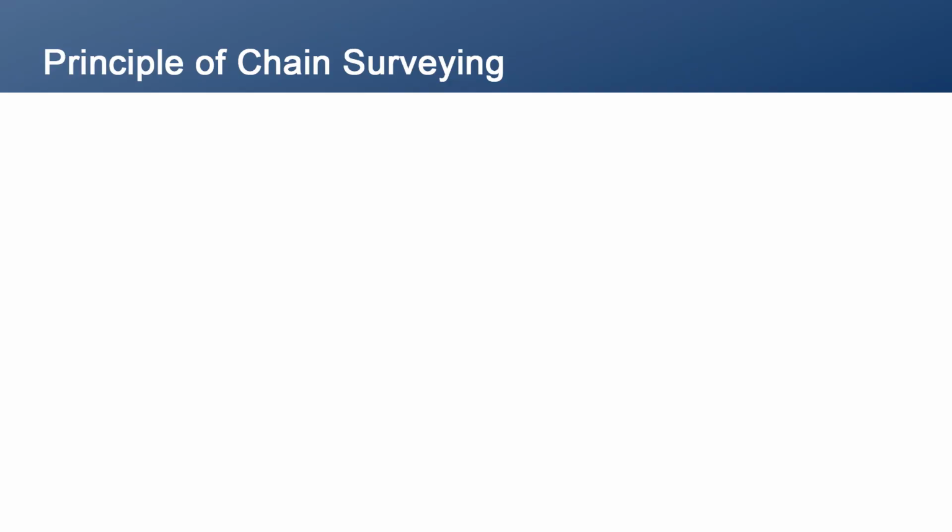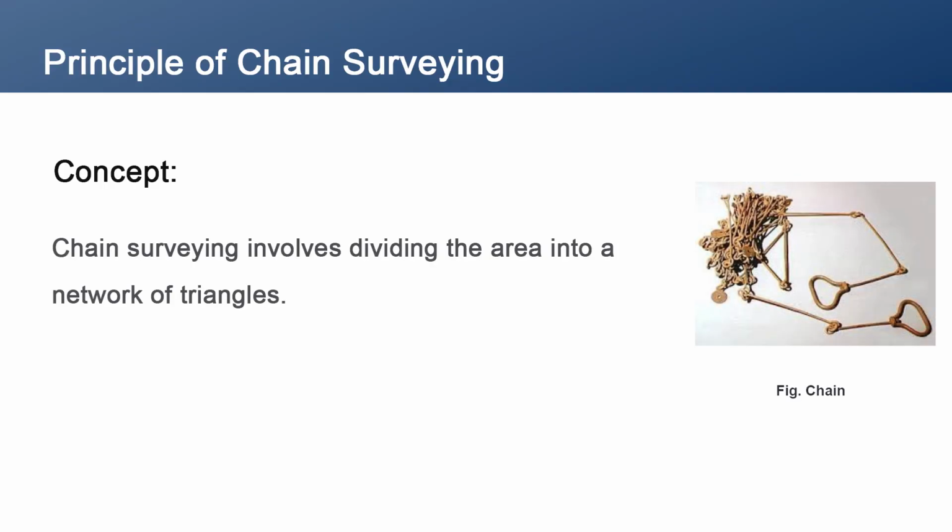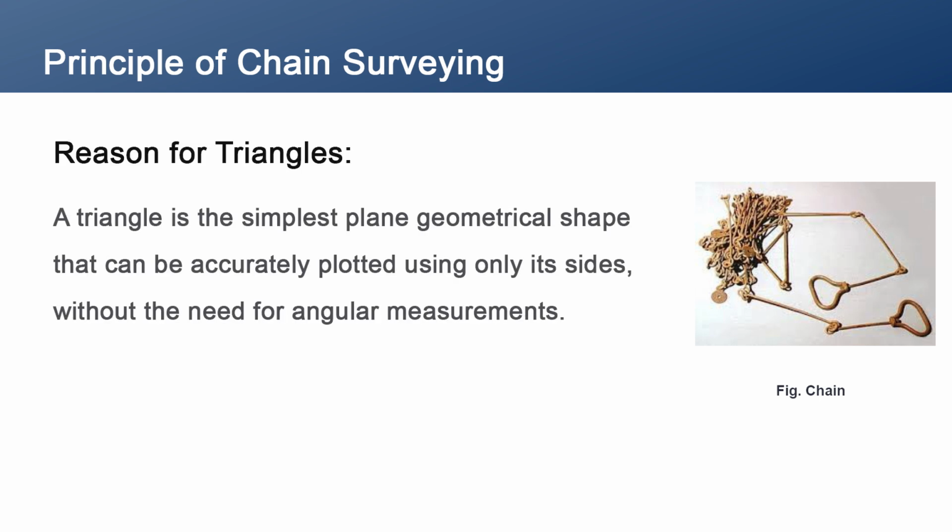So, with this background, let us now see the principle of chain surveying and how it works. The core principle, as discussed in the last class, is to think of chain surveying like putting together a big flat jigsaw puzzle. The basic idea is to break down the area into a bunch of triangles. And why triangles?